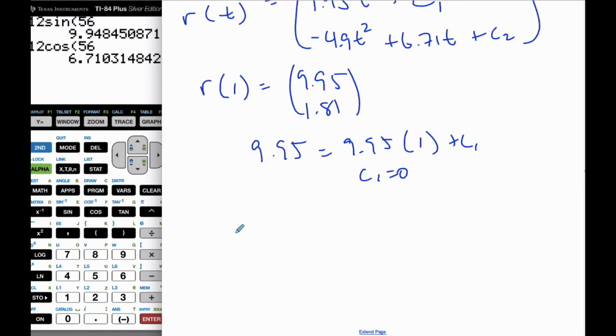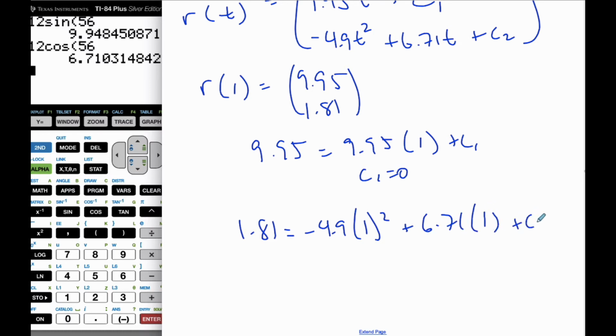Now if I do the second one, I get 1.81 is equal to negative 4.9 times 1 squared plus 6.71 times 1 plus C2.